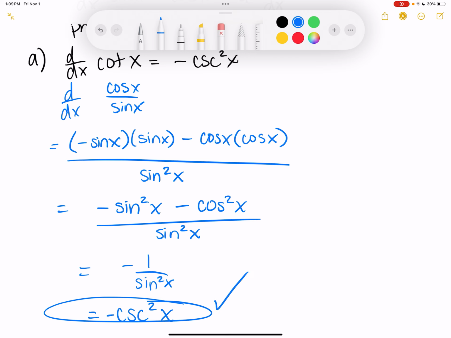What if we had canceled out the sine squared x? You can't, it's subtraction. Oh, it's multiplying or dividing.